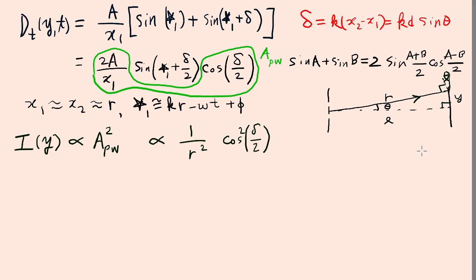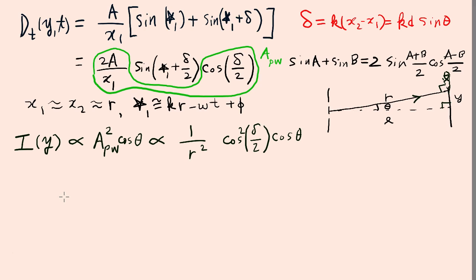What that means is that the intensity you measure on the flat screen there is actually reduced by a factor of cosine theta. So there's a cosine theta factor which slowly modulates the intensity as a function of theta.